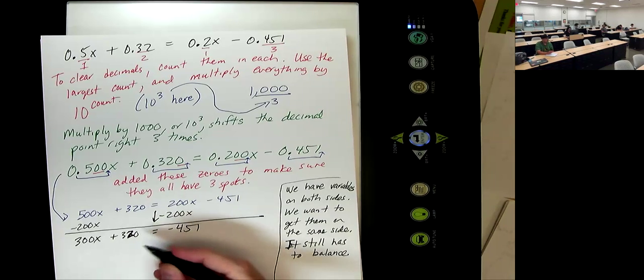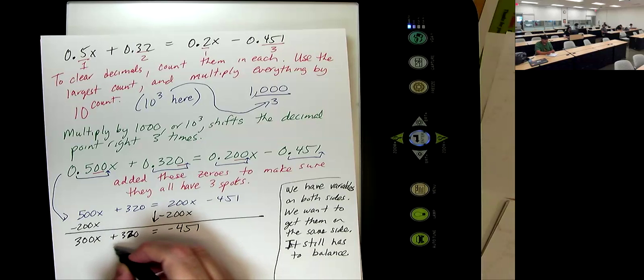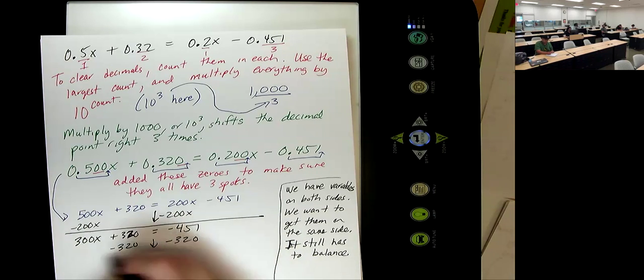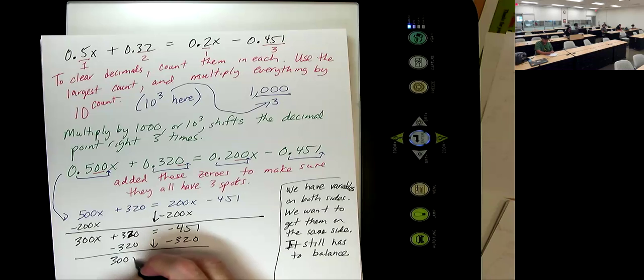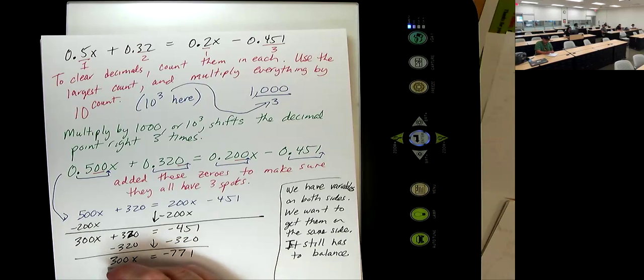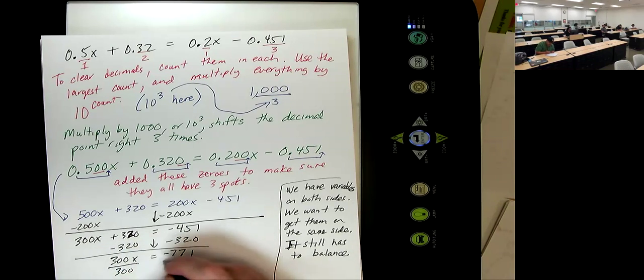Now we can do what we did before. We're trying to get x by itself, so we deal with the thing that's added to it first. We'll subtract 320 from both sides. And it looks like we're going to get an ugly answer when we do this final value.